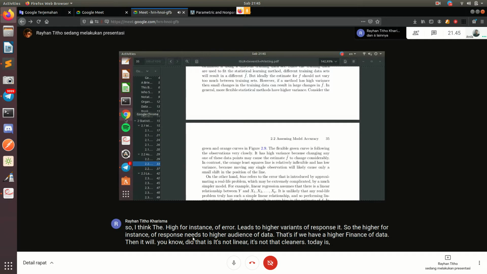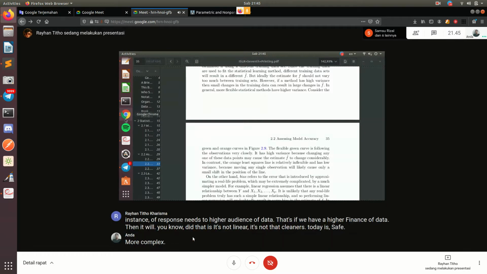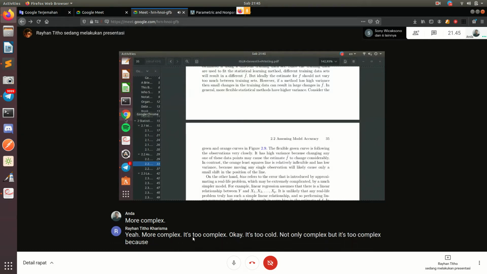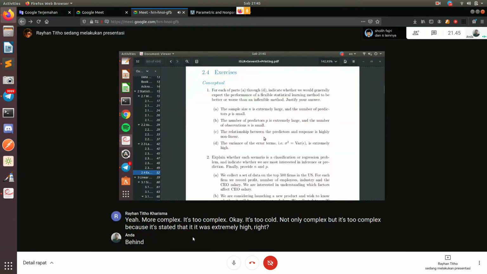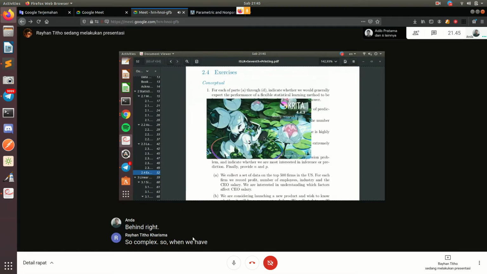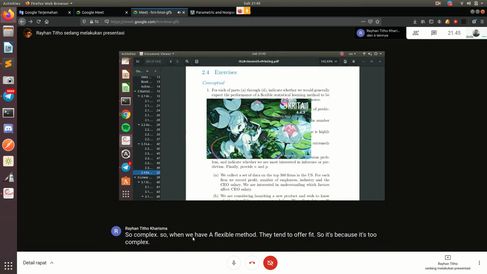The data is more complex. It's too complex, because it stated that it was extremely high, right? So when we have a flexible method, it tends to overfit, because it's too complex.